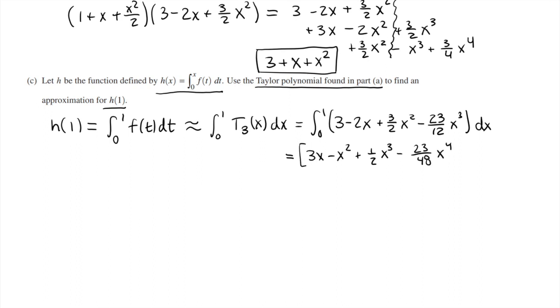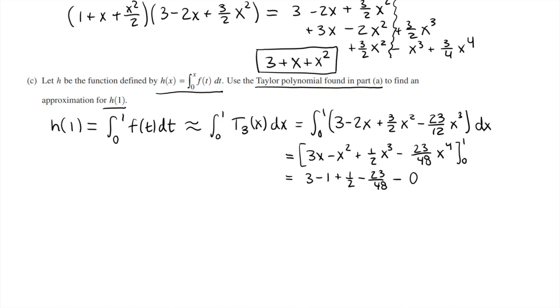We're evaluating this between 0 and 1. So we plug in 1, we get 3 minus 1 plus 1/2 minus 23 over 48. And then we'll subtract what we get when we plug in x equals 0, which is thankfully just 0.